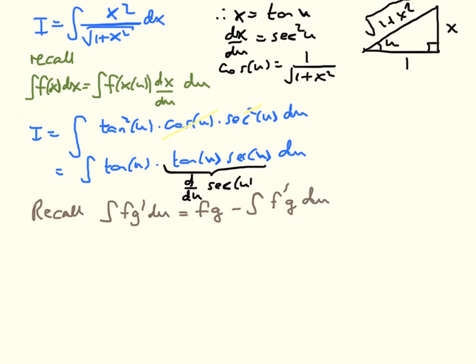And we are going to say that the function that we are going to integrate is this one because it is a derivative of something. So that means that g dash is tan u sec u, which means that g is just sec u, and f is going to be what was left in the original integrand, and that's tan u.